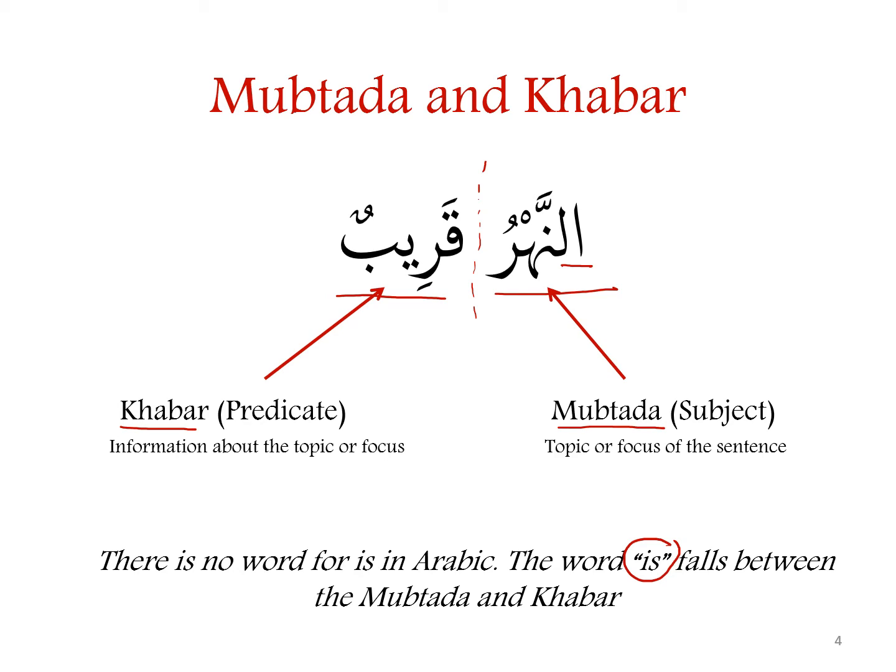So an-nahru means the river. That's the mubtada. And qaribun means near or close. Now direct translation would mean the river near. But we know that the word is comes between the mubtada and khabar, so the translation would be the river is near.